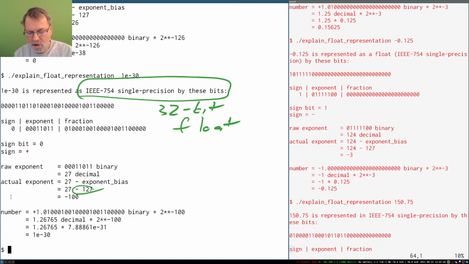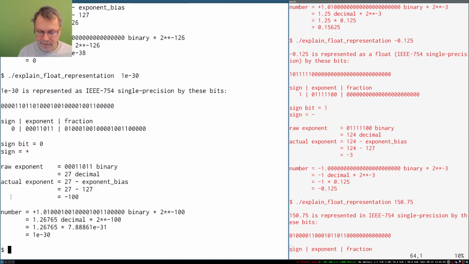The exponent bias will be different for other formats. It's always the same all the way through the format, but for a double, that exponent bias is a different number. You get more bits with the 64-bit double format, and you get a different bias as a result.